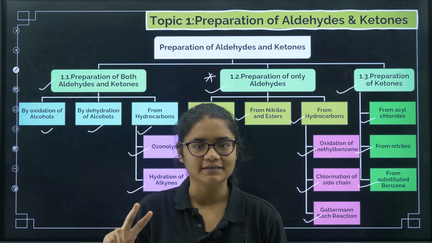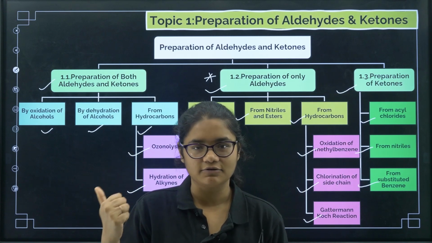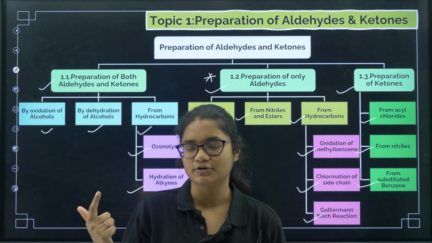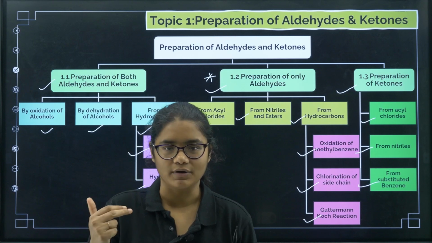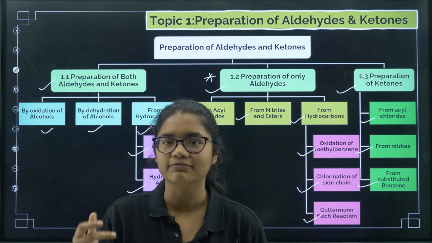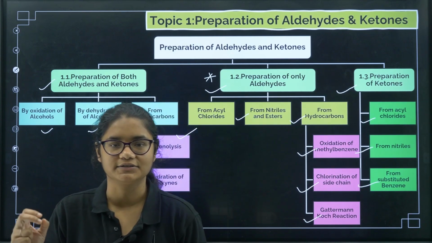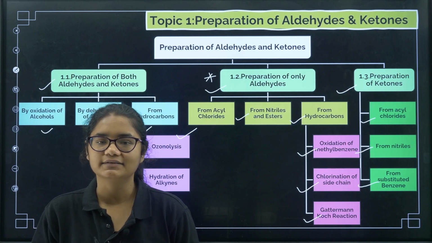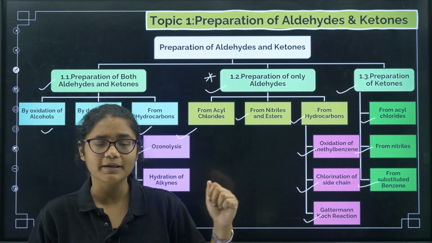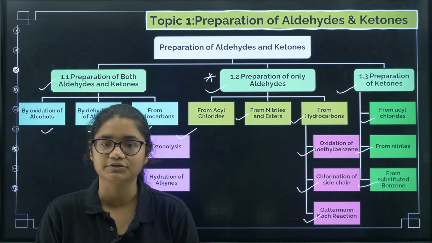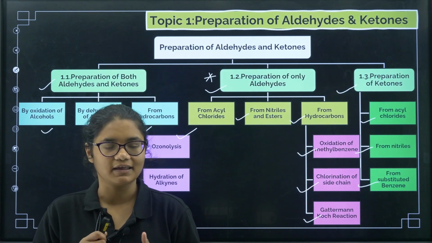For both aldehydes and ketones, we have oxidation of alcohols, dehydration of alcohols, and then from hydrocarbons. Under hydrocarbons we have ozonolysis and hydration of alkynes. Next, preparation of only aldehydes: here again we have 3 methods.